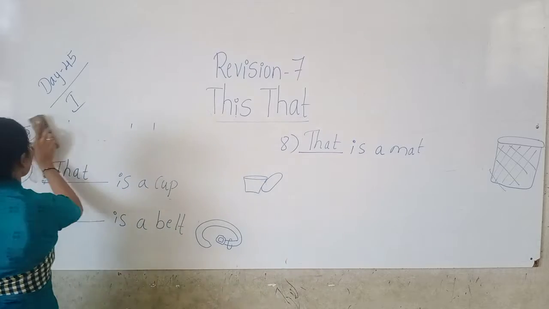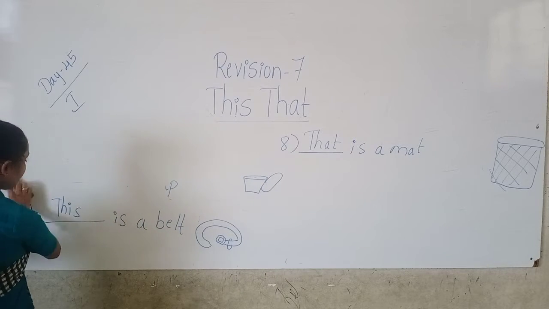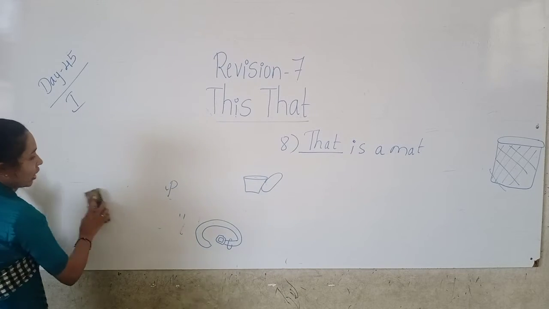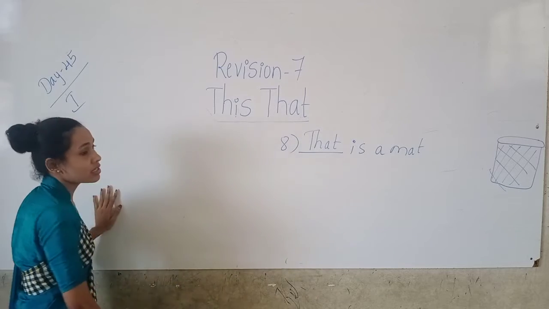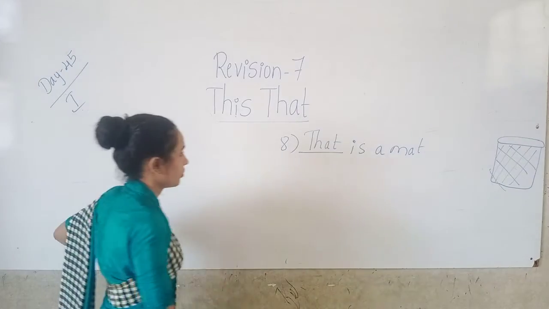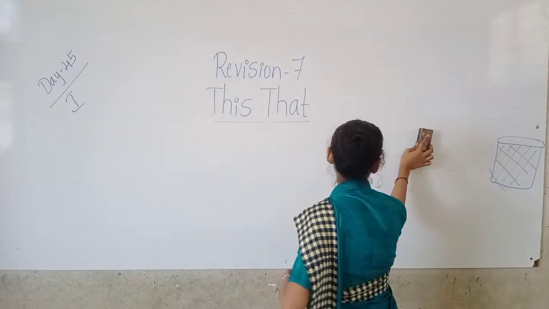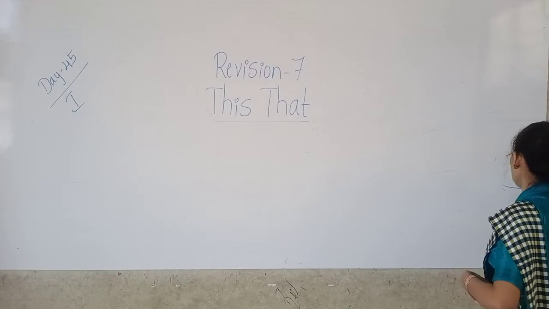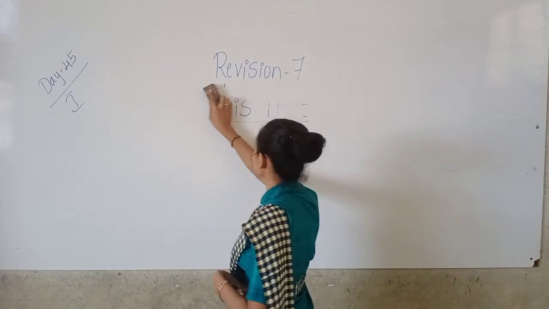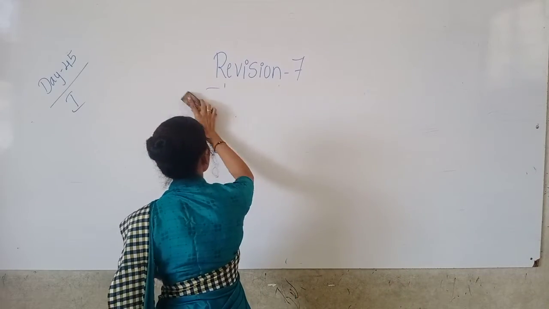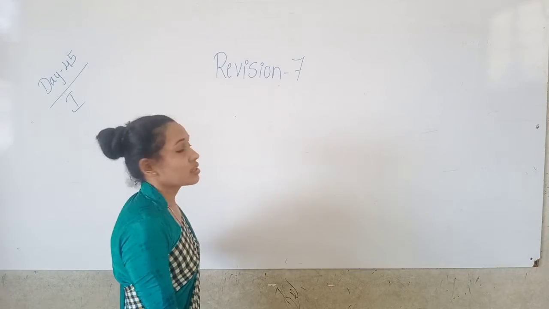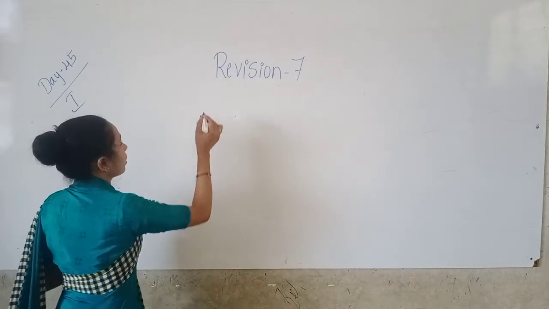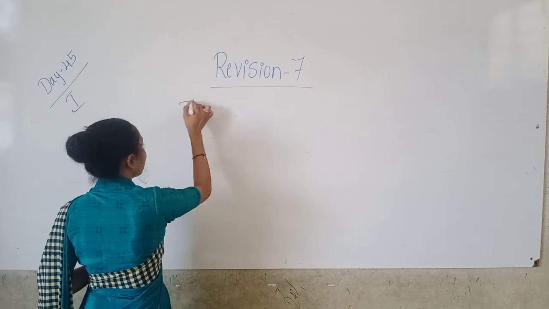Okay children? So "these" and "those" we use to point out the plural things. Plural means more than one. These and those we use with the plural things around us. Okay?